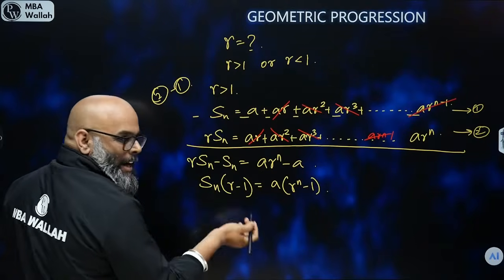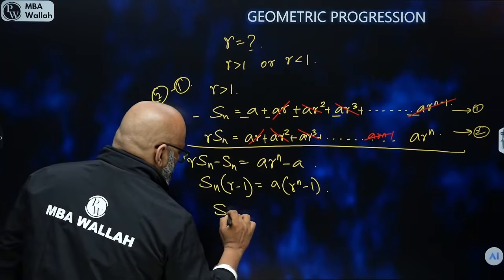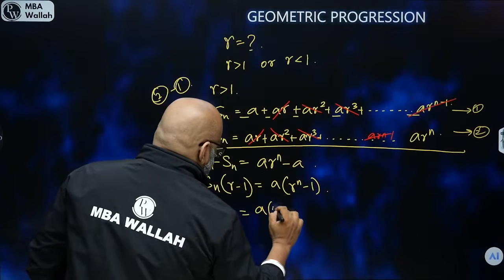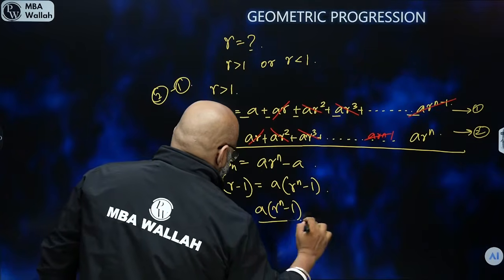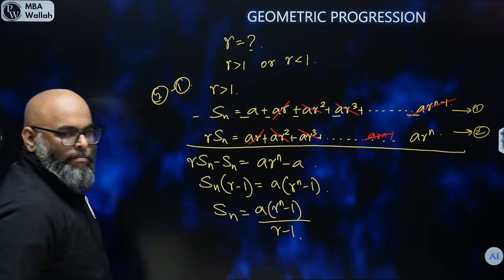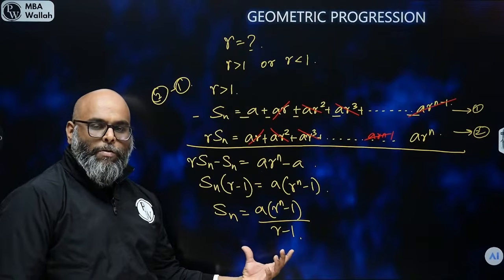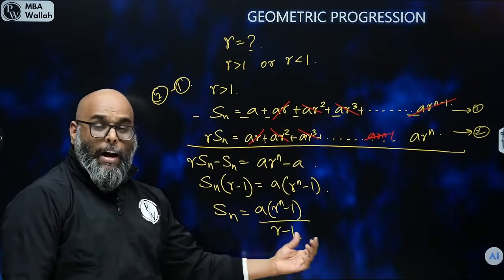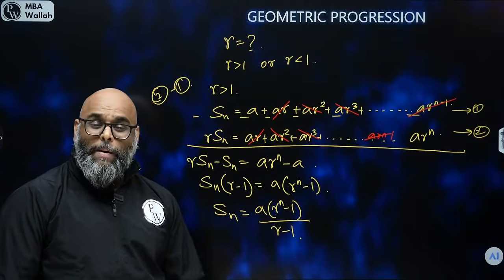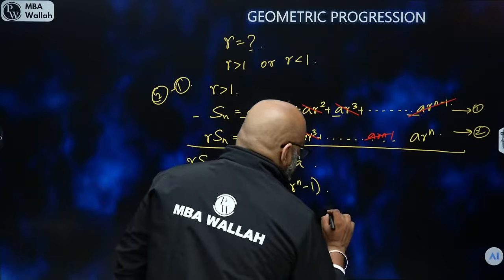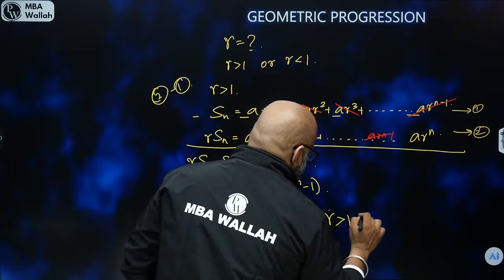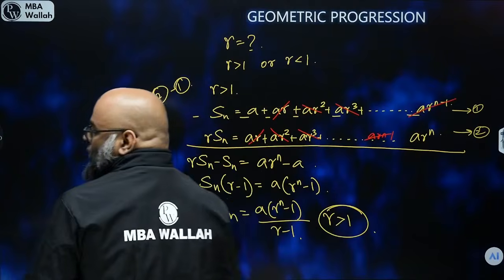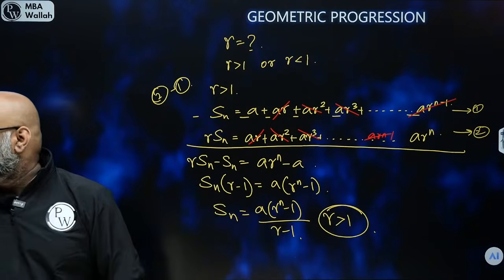We need Sn, right? Sum of n terms of the GP. Sn is equal to A into R power n minus 1 divided by R minus 1. So sum of n terms of a GP is A into R power n minus 1 divided by R minus 1. But this will be under the condition that R is greater than 1. Clear?